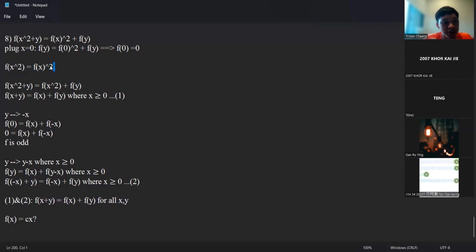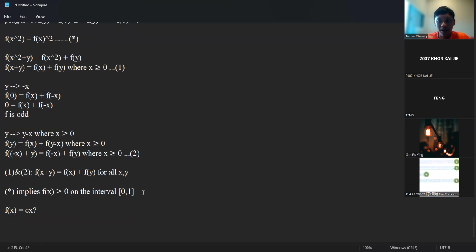In fact, we use this one. So what does this say? This says f of a non-negative number equals a non-negative number. So this implies f(x) is greater than or equal to 0 on the interval, let's say just 0 to 1. And so f is bounded from below on some interval.